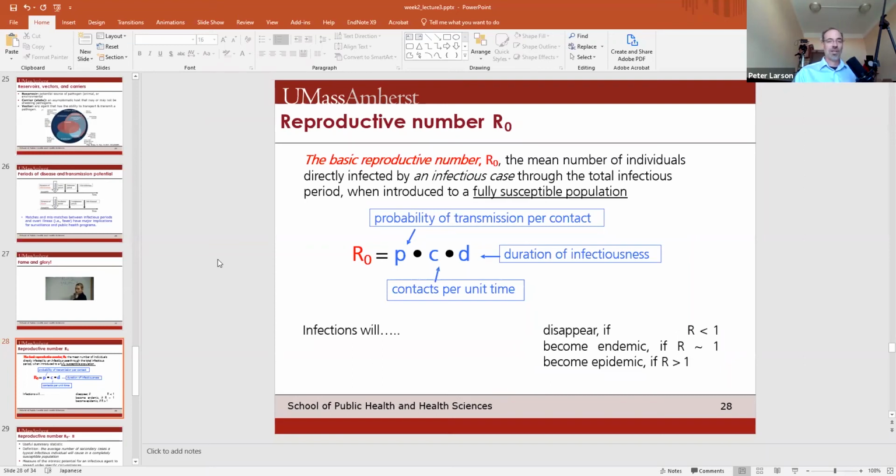In a simple sense, it's the probability of transmission per contact, the contacts per unit time, and then the duration of infectiousness. In general, infections will disappear if R naught becomes less than 1, will become endemic if R naught is 1 or approximately 1, and become epidemic, as in a huge outbreak, if R naught is greater than 1.